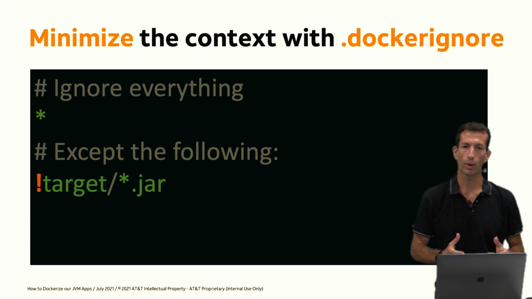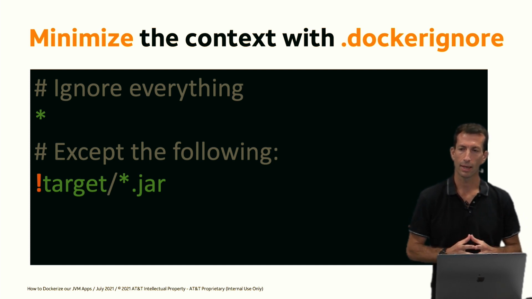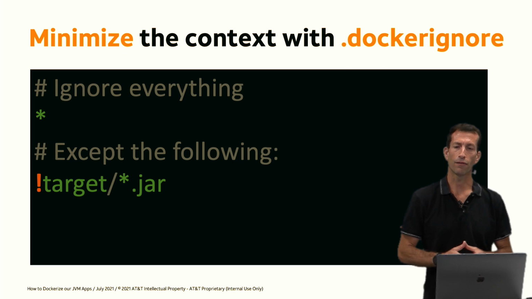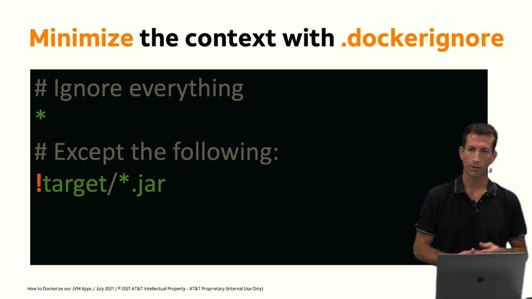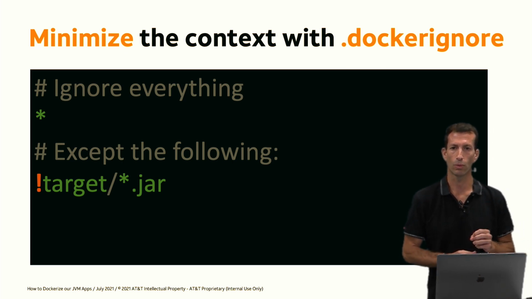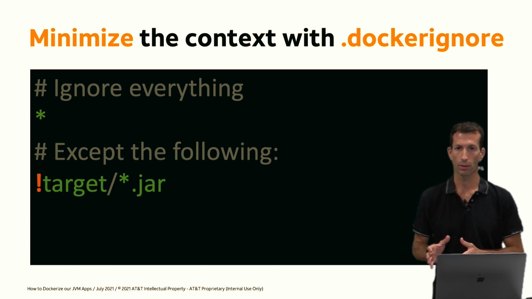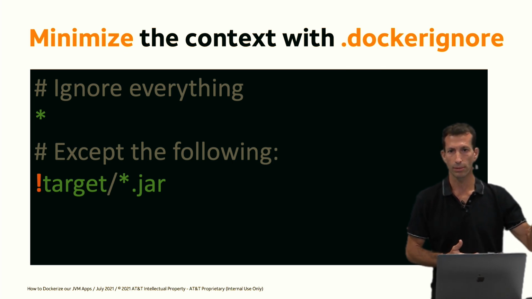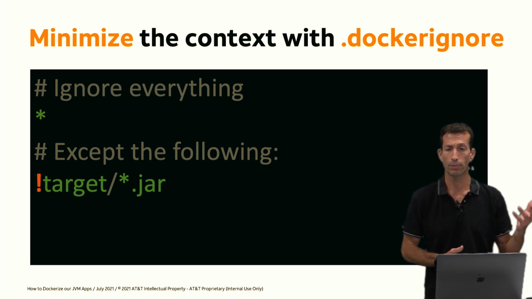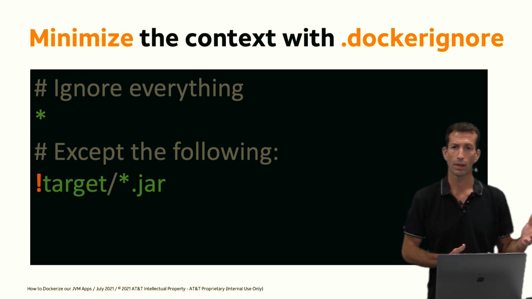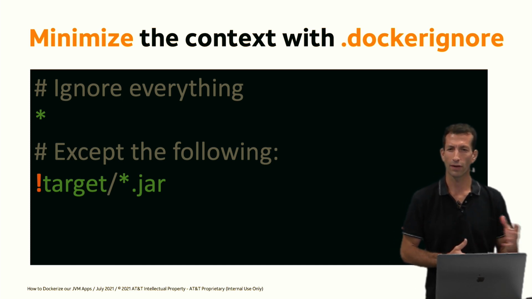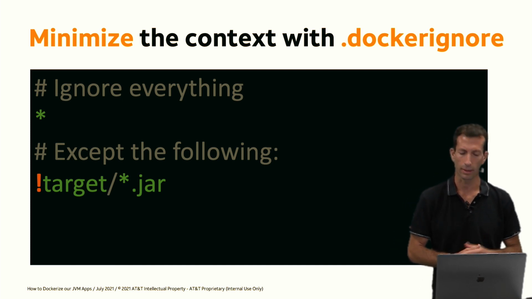But still, we want to minimize the context for security reasons. If you don't minimize the context and if you don't specify exactly what you want to copy, when you copy a folder, there is a chance that you'll leak secrets from your repo into the image. And sometimes you even push this image to a remote repository that may be public, and you can find things like this online.